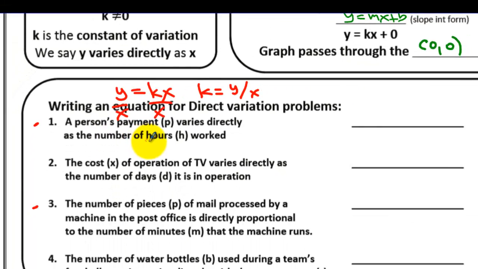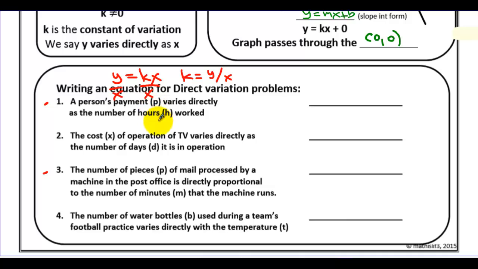So the easiest way to write a direct variation problem is to identify the quantity before and after varies directly. Your varies directly will always be represented by equals k.